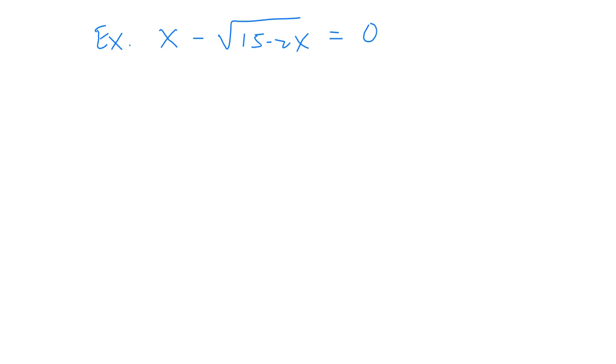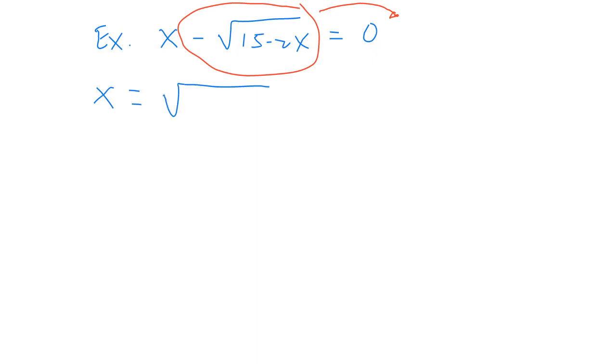Now we have to put the radical expression in one side of the equation. Right now there are two terms on the left side. So what we're doing now is moving this to the right side. And it becomes positive.